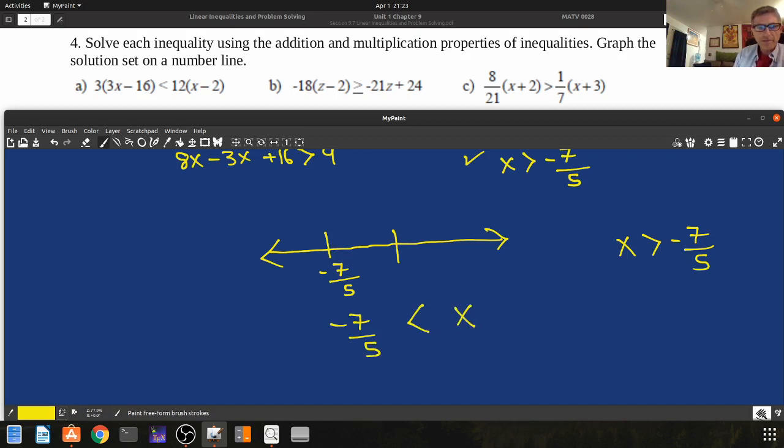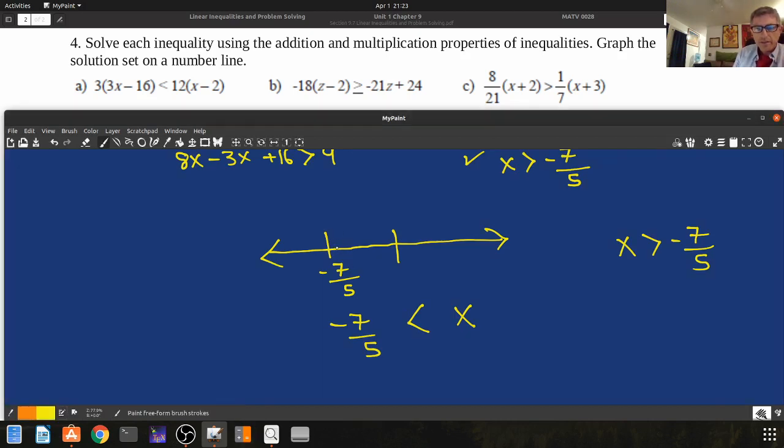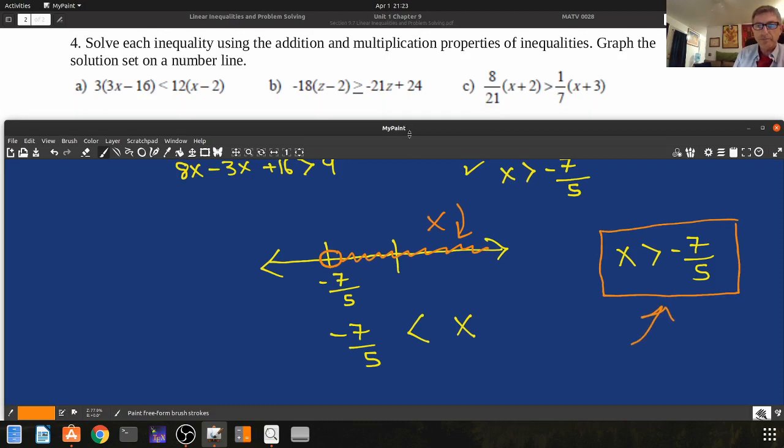So that means that 7/5 is not included, so we don't fill in the circle. And the x values that live in this shaded area are the graphical representation of the solution set to this inequality.